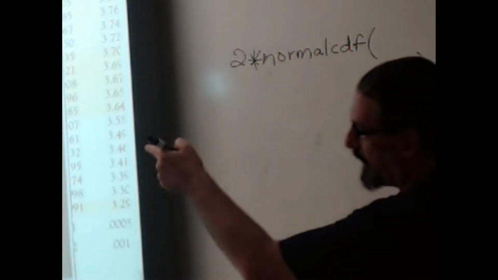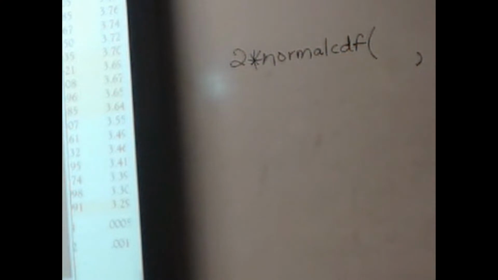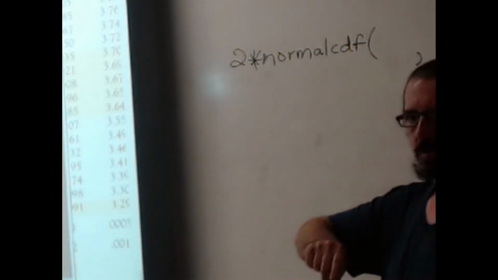Your last two, based on the stuff from chapter 11, are going to be mu, which we claim is 24, and then the standard deviation, not of the population, but the sampling distribution of X bar.